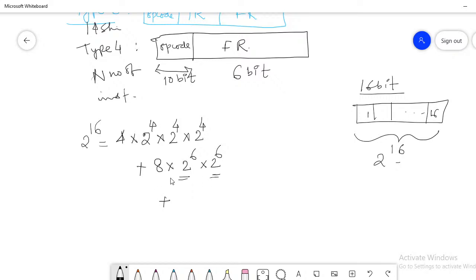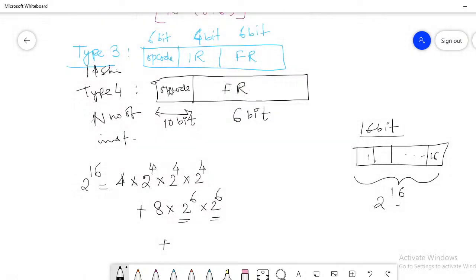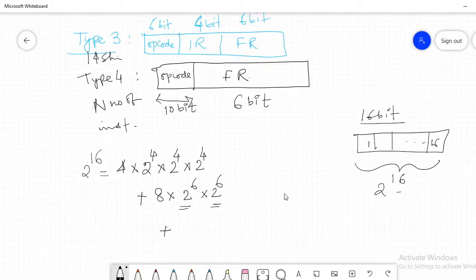Now for the third type, there are 14 instructions, and one register having 4 bits. How many possible combinations for this? 2 to the power 4, and for each case you have 2 to the power 6 combinations for the floating point register.